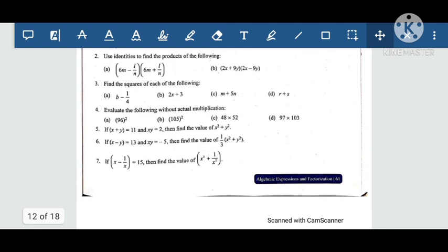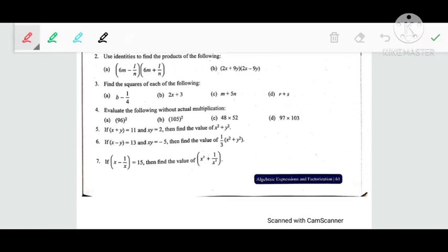Now we have to see question number 7. Question number 7 is also under the same identities, a plus b the whole square and a minus b the whole square, but with a little difference, using a fractional method also. Here the given value is x minus 1 by x is equal to 15, instead of x minus y. And we are supposed to find x square plus 1 by x square. So how can we find it? By using the same method.